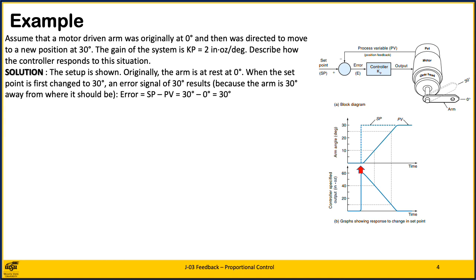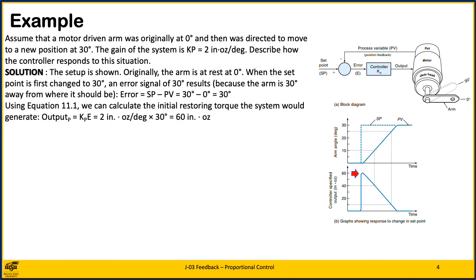Originally, the arm is at rest at 0 degrees when the set point is first changed to 30 degrees. An error signal of 30 degrees results because the arm is 30 degrees away from where it should be. Error is equal to SP minus PV is equal to 30 minus 0, or 30 degrees.